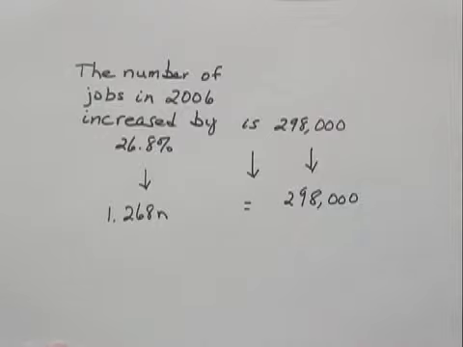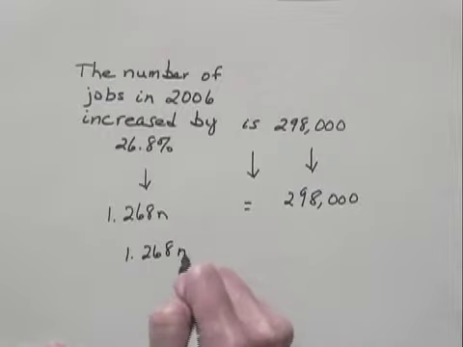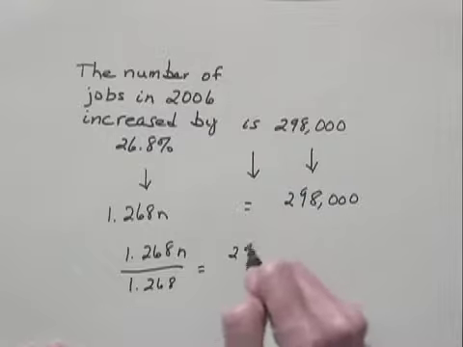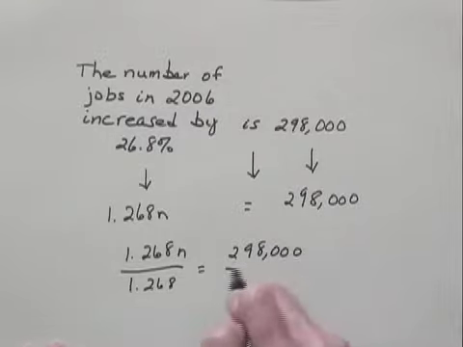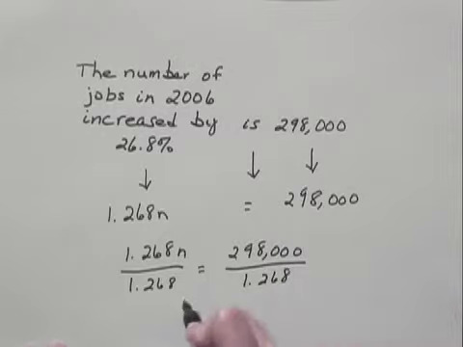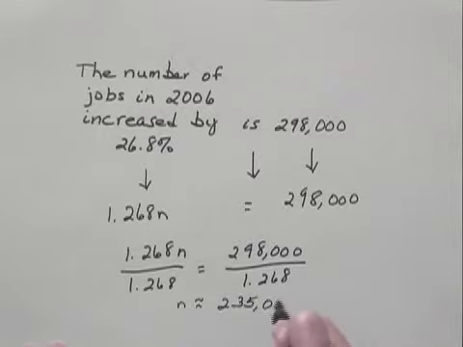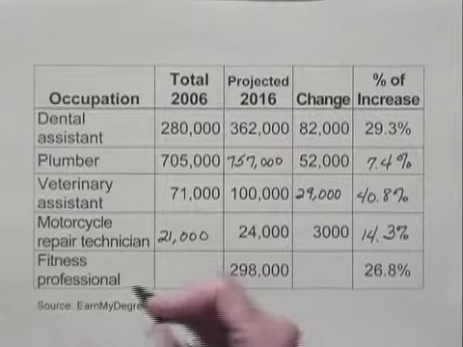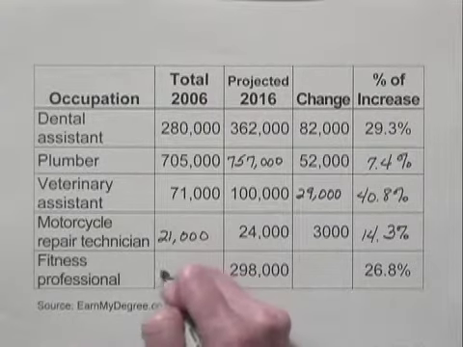Now we can divide both sides of this by 1.268. When we do this, we have N is approximately equal to this quotient, which is about 235,000. So this is the number of jobs in 2006.